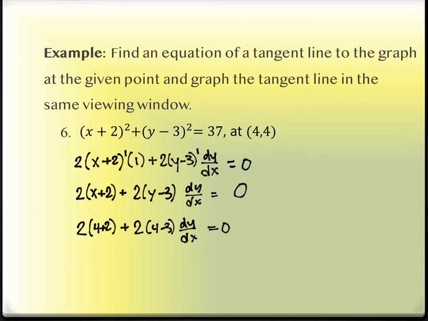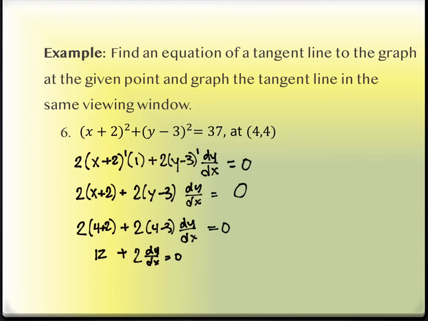So what do we get on the first part? This piece here, the 2 times 4 plus 2. 12. What's the coefficient on the dy dx part? It's 2. 4 minus 3 is 1, times 2 is 2. 2 dy dx. You can probably look at this and tell me what the dy dx has to be.